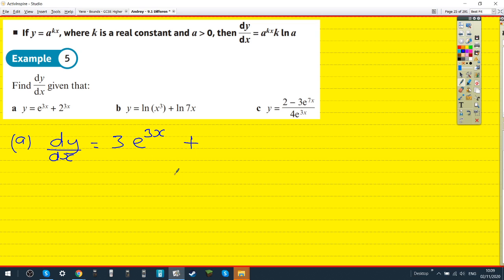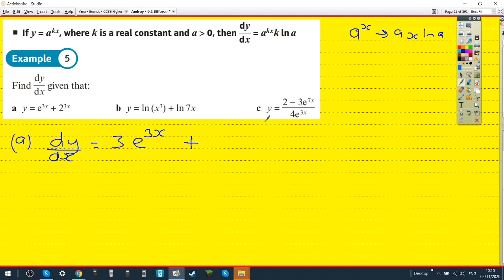And so here, will it then be like 8 to the 3x? Let's see this one. So I think because of BIDMAS, we can't. How did you get 8? I did 2 cubed and then 3x.